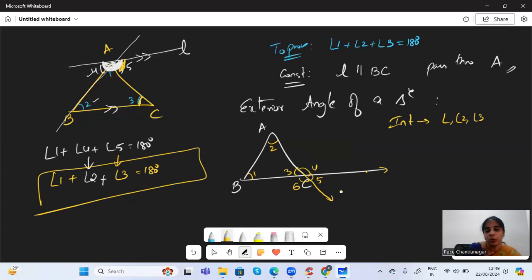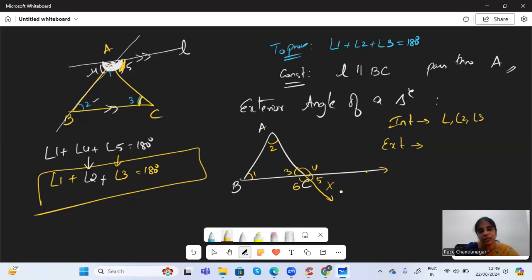Now coming to what is the exterior angle of a triangle? If you say that angles 4, 5, 6 are exterior angles, it's absolutely wrong. Angle 5 is not at all an exterior angle that we can consider, because an exterior angle should always be formed by one of the sides with the other side, let it be the other side or the extended side.